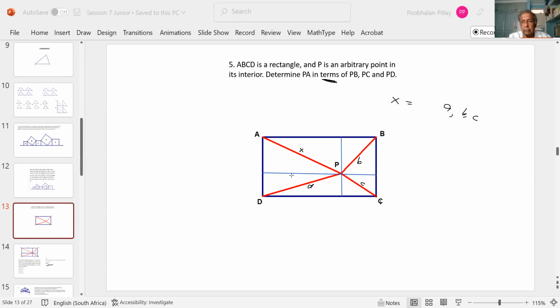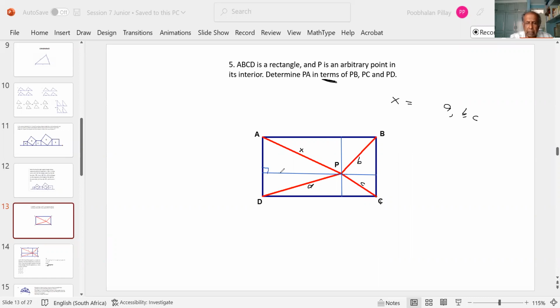So what we are going to do is choose the right angle triangle several times. Okay, so let's give new names. So in this right angle triangle here, I've got x as hypotenuse.